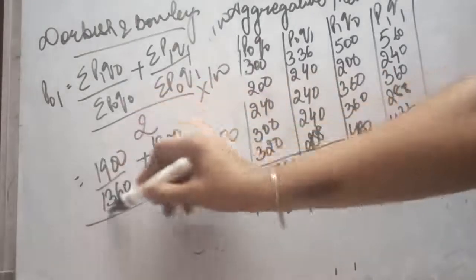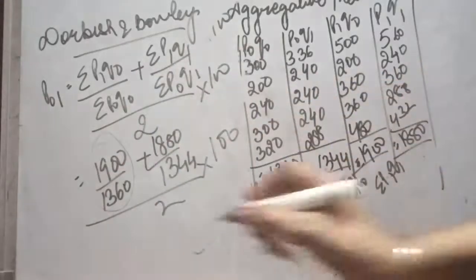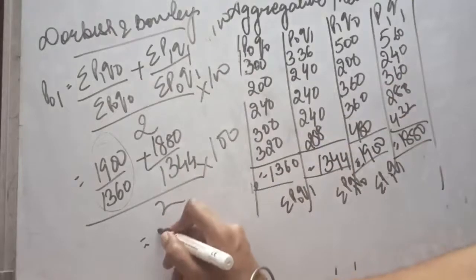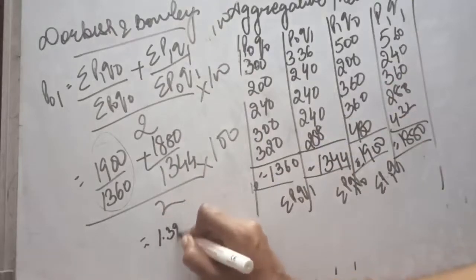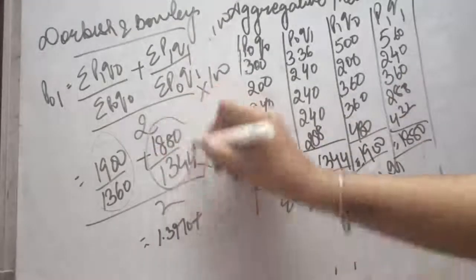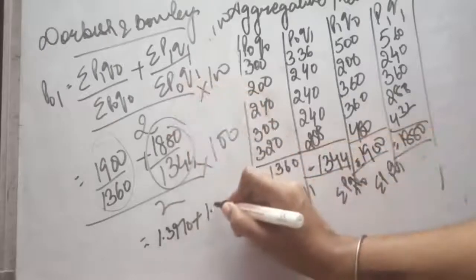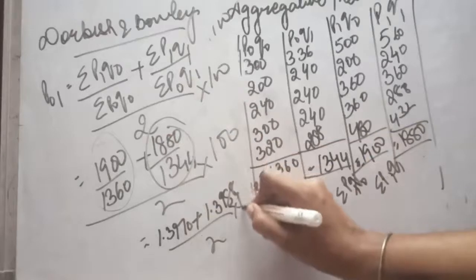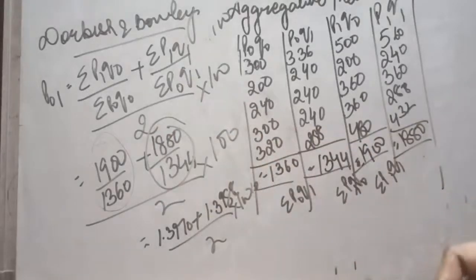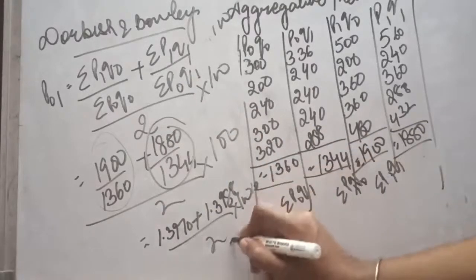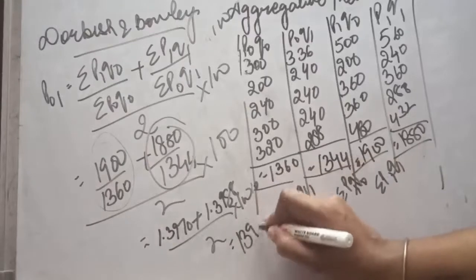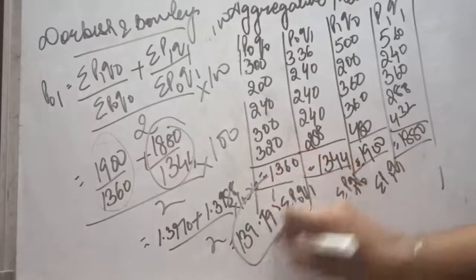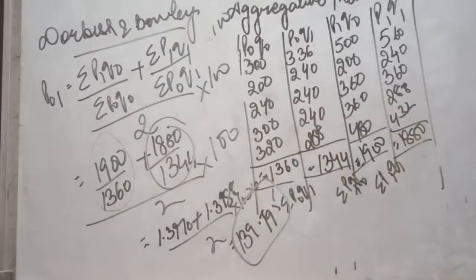Solving the first portion in decimals gives 1.3970, and the second gives 1.3988. Then we take half, and the answer is multiplied by 100. The final answer is 139.795, according to the Drobisch method.